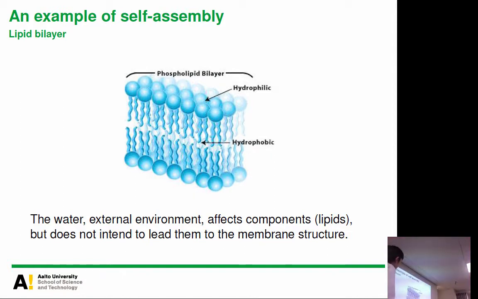So this tail doesn't like water. Okay, so if we put these lipids inside some water, they try to put their heads towards the water, and then they put their tails on the opposite side of the water, and then what we get is this. Okay? So this lipid bilayer self-assembles from very simple rules that you should not put your tails on the water side. Okay? Just from these simple rules, we get such a very nice structure.